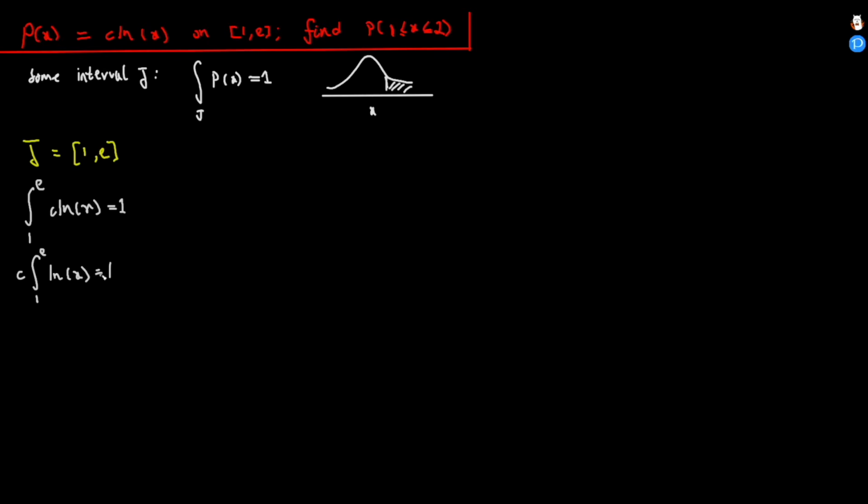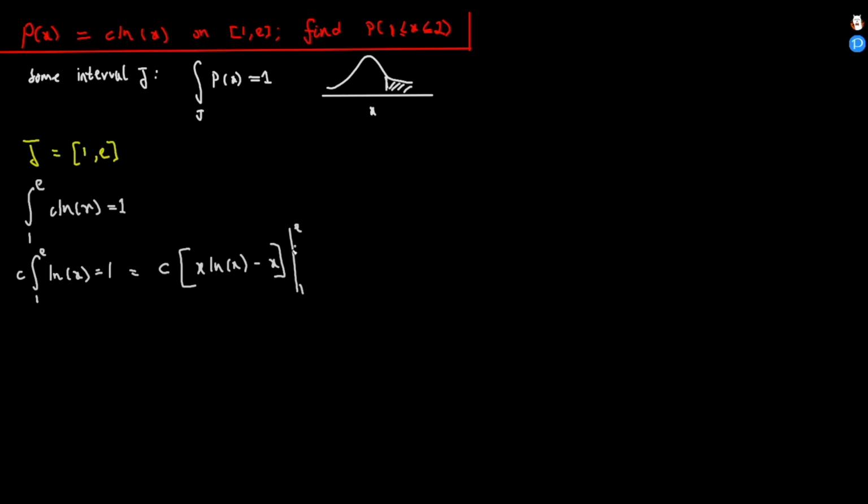The integral of ln x is easy to remember; you could also solve it, but I'll just tell you it's x ln of x minus x. Then we evaluate this between 1 and e.